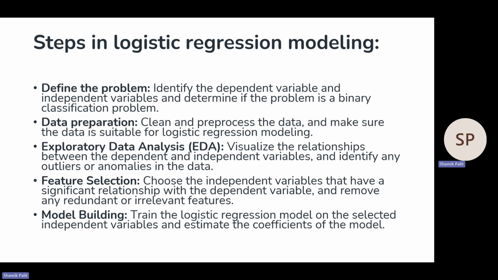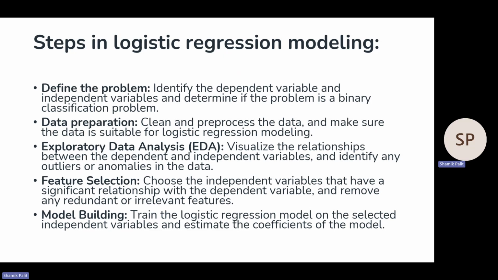Followed by that, selecting the right features is really important, like which among the various independent variables are really important and provide a relationship with the dependent variable in this regression strategy.